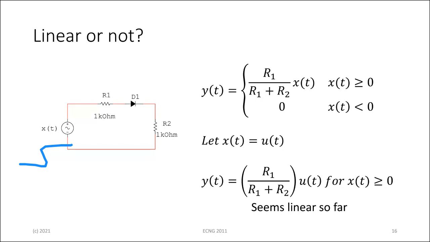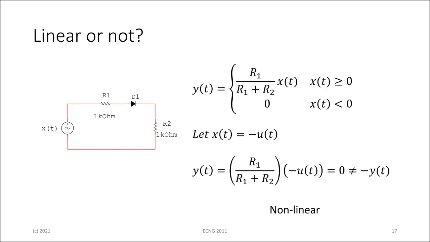Assuming a perfect diode, if x(t) is greater than 0, the diode will conduct, and we take the output across R1 here. If x(t) is u(t), then we have this output here. Not bad.